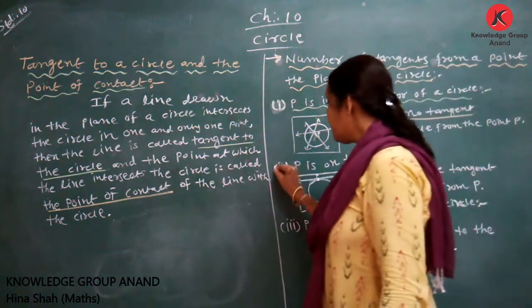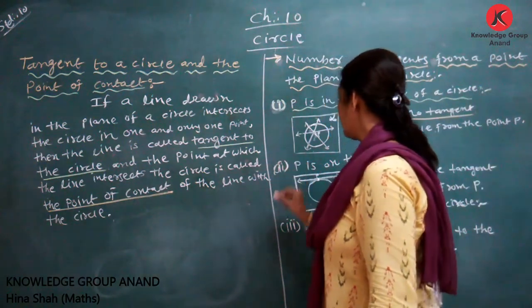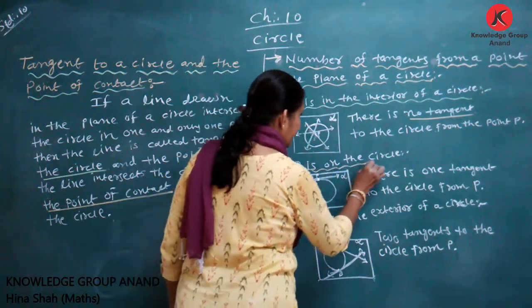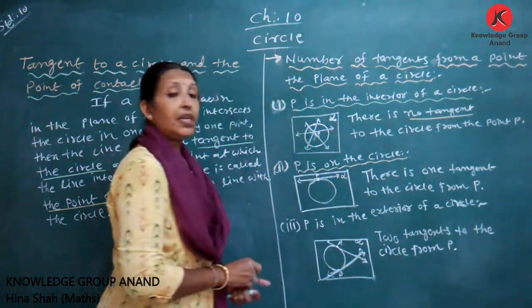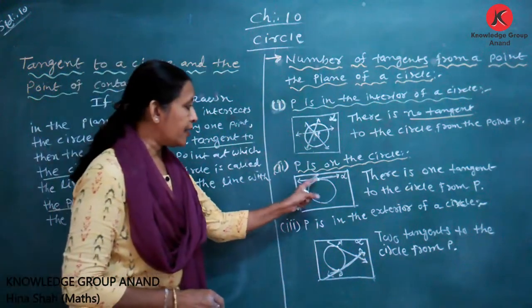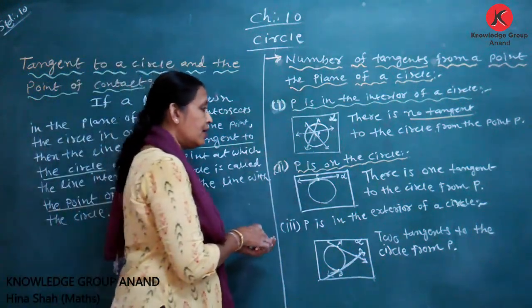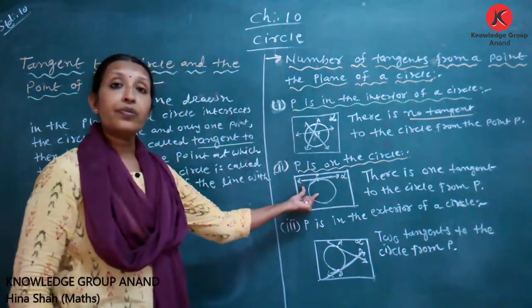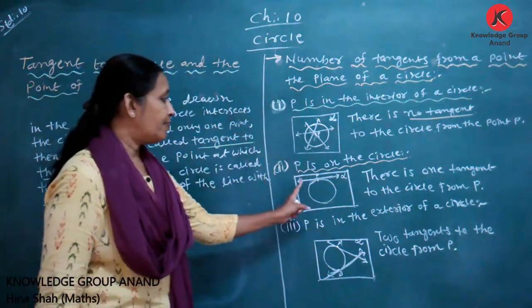Second, P is on the circle. Suppose P is on the circle. Here, point P is on the circle. Then how many tangents? In this figure, we know there is only one tangent.